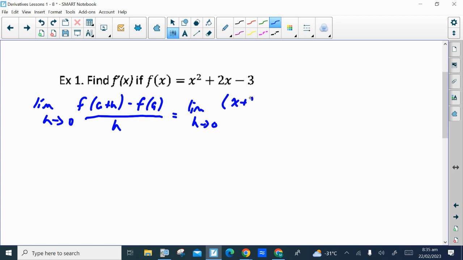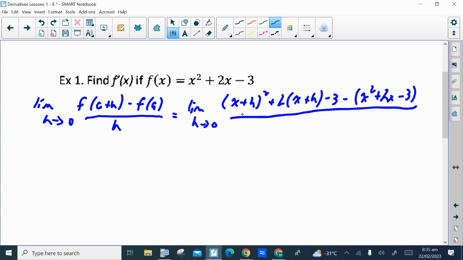So it'll be x plus h all squared plus 2 times x plus h minus 3 minus, instead of f at a, it would be f at x, all over h.